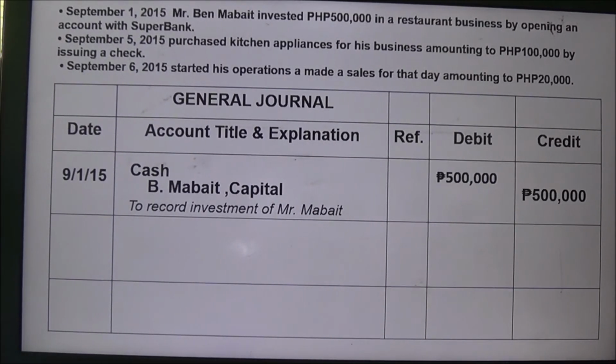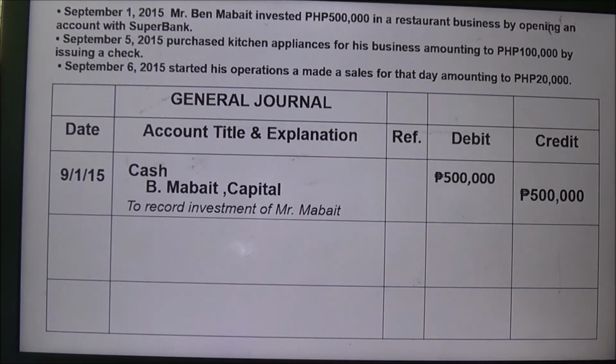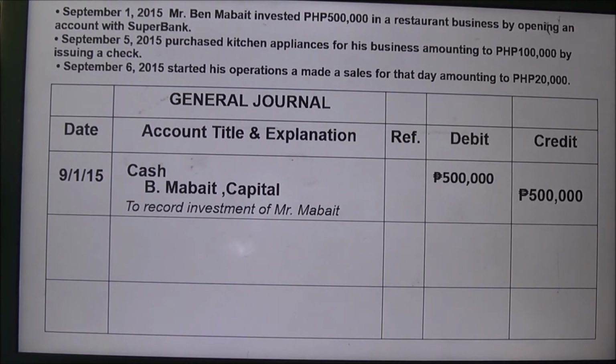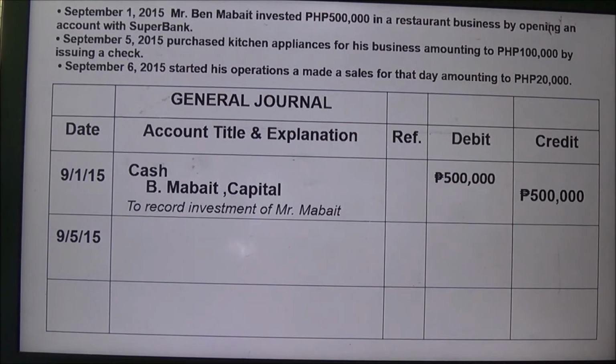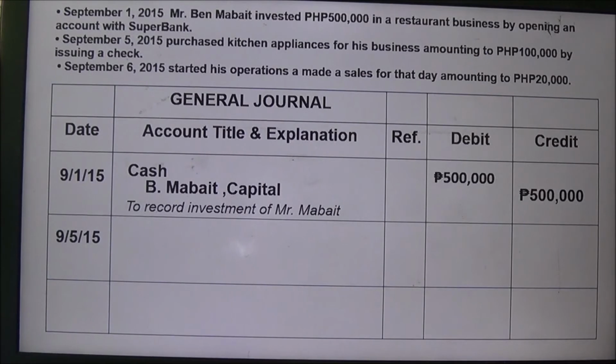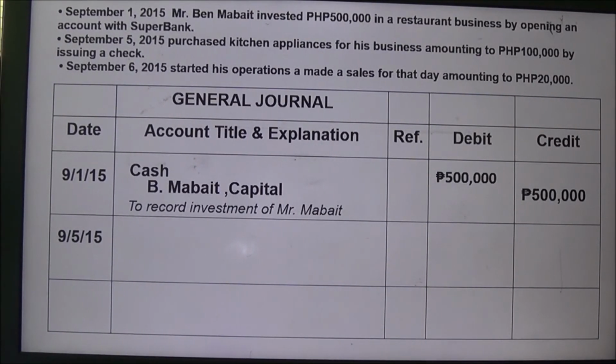Then we proceed to the second transaction on September 5, 2015. Ben Mabait purchased kitchen appliances for his business amounting to 100,000 pesos by issuing a check.